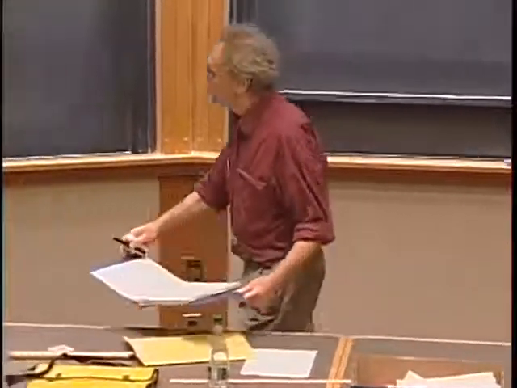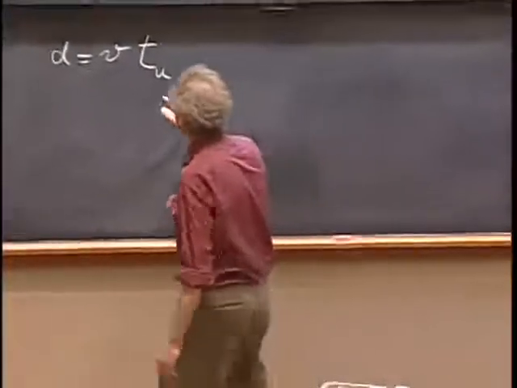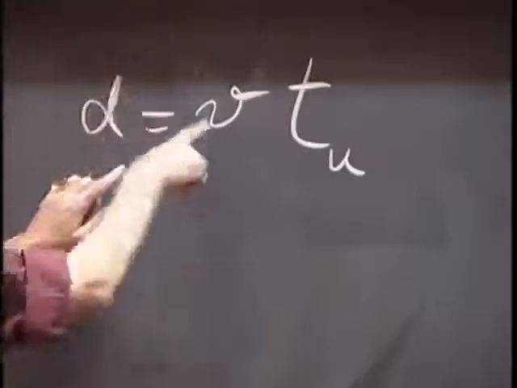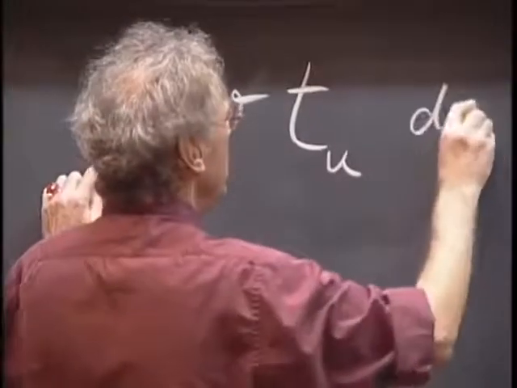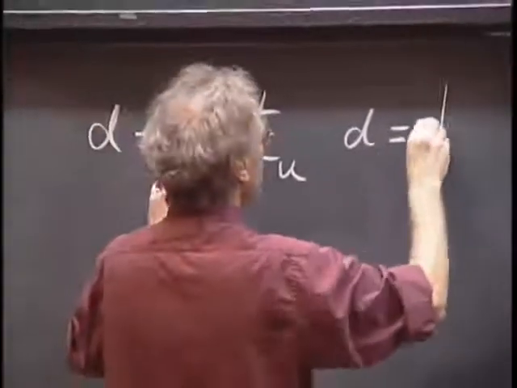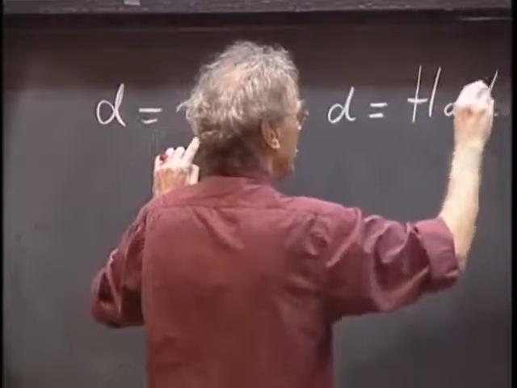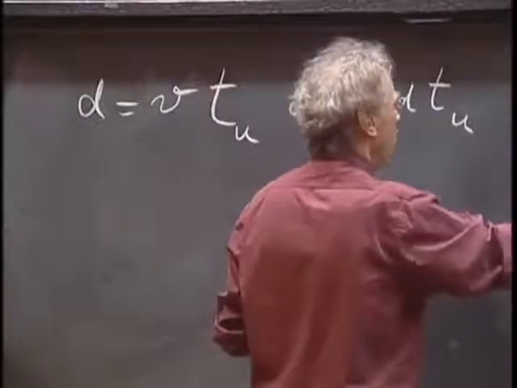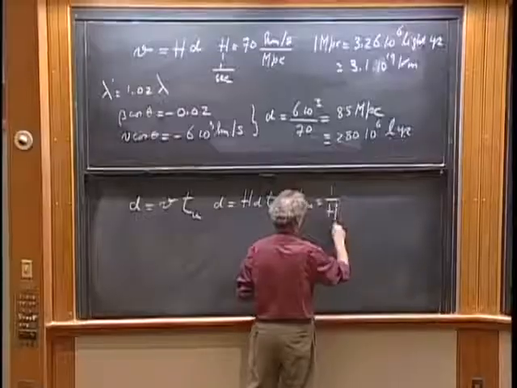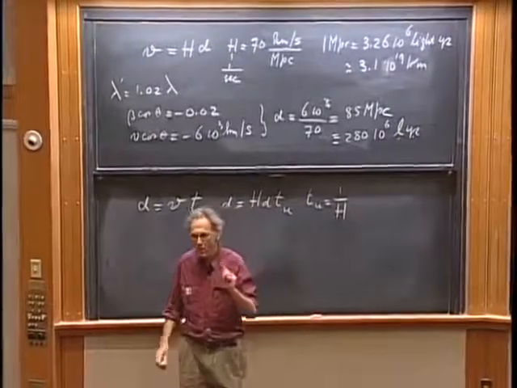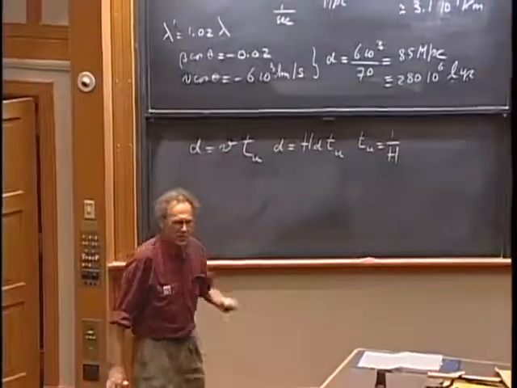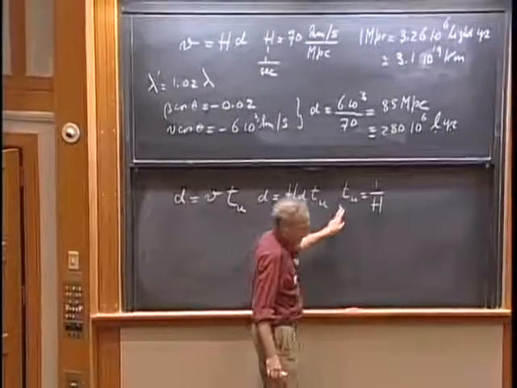But we also know Hubble's law. In other words, we can replace this v here by H times d, so we get d equals H times d times t universe. And so you'll find that the age of the universe is 1 over H. And remember, I mentioned that H has the dimension 1 divided by seconds, so this has the dimension of seconds.